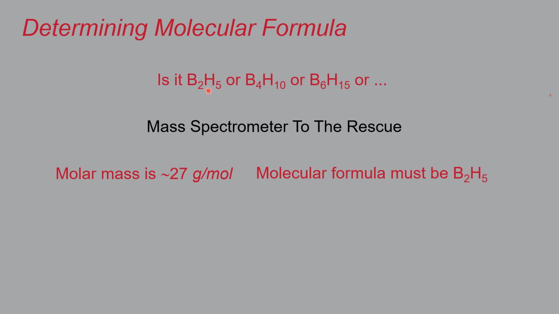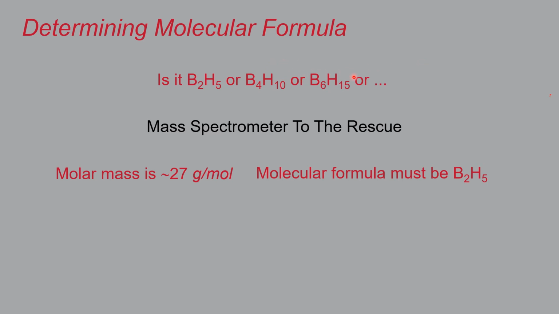So the two boron atoms will have a mass of about 22 AMU total on average. And the 5 hydrogens will tack on another 5 AMU, so that will give you an average mass of about 27 grams per mole. If it were any of these other ones, it would have a much larger mass.